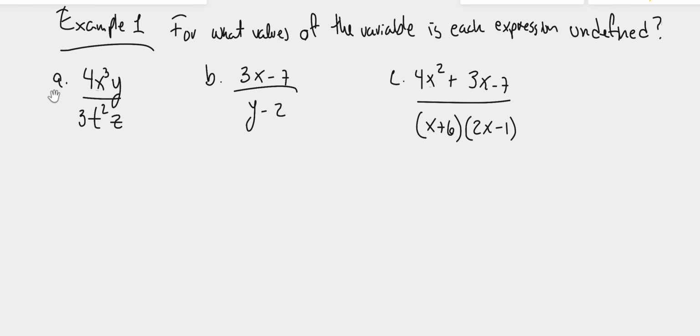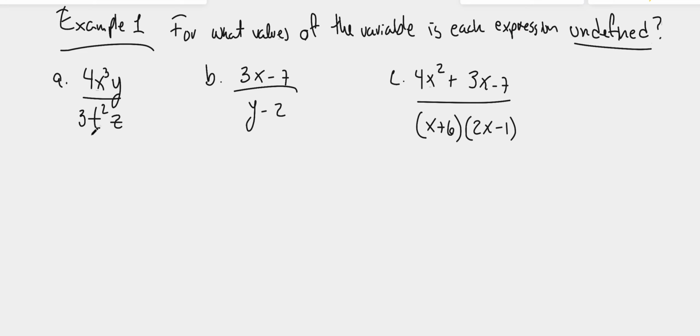It says, for what values of the variable is each expression undefined? So let's start with number 1. In order for this to be undefined, I have to make this denominator equal to 0.